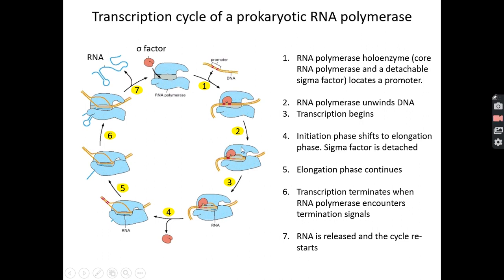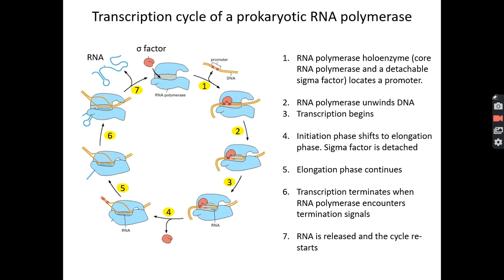Okay, so when it unwinds, then the RNA begins to synthesize. So the sigma factor, which is attached to the promoter, would help the DNA molecule to unwind.